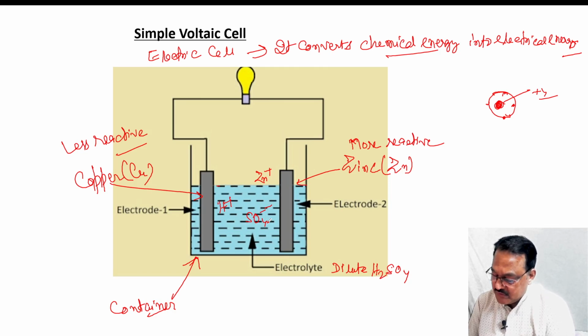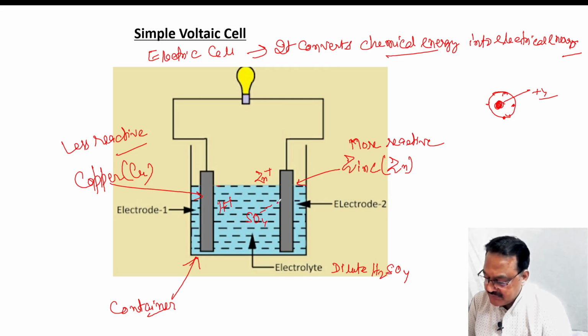Let us see what is happening on the zinc plate. The zinc, coming in contact with the sulfuric acid, makes zinc ions, that is positive ions, and they combine with the sulfate ions, so it makes zinc sulfate.